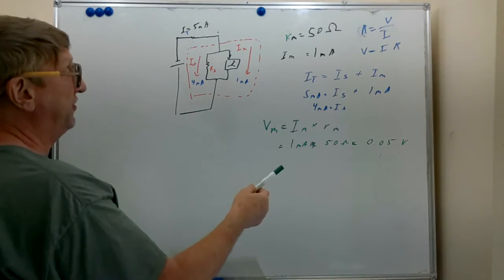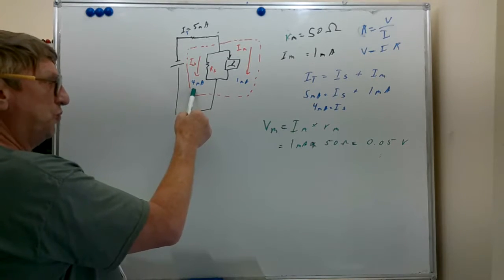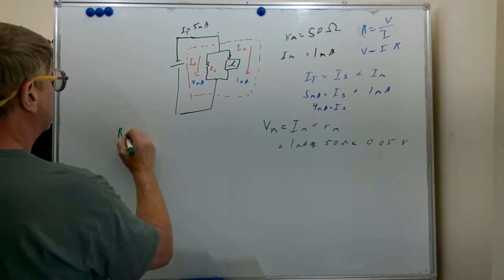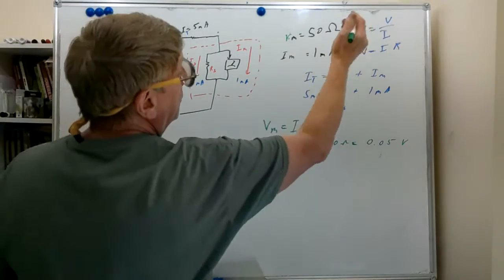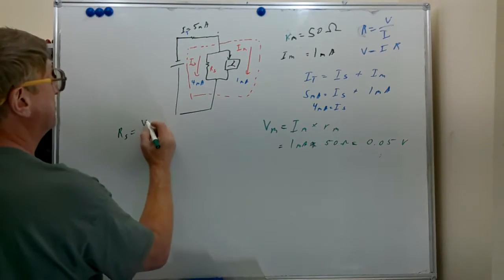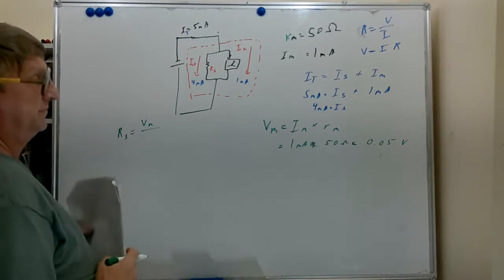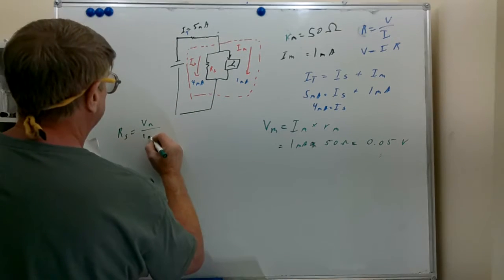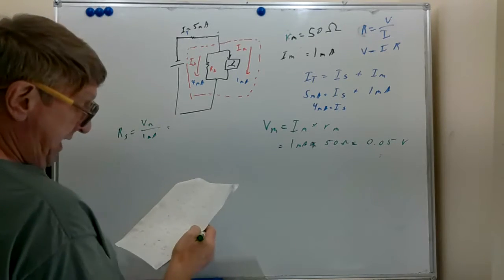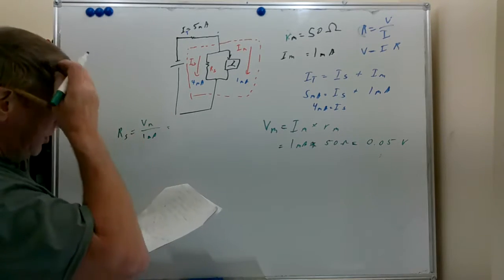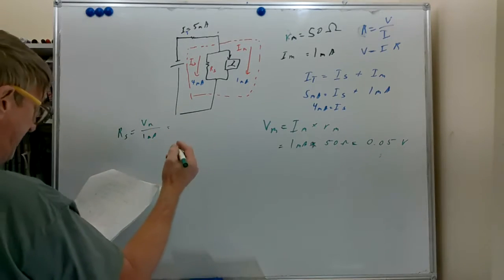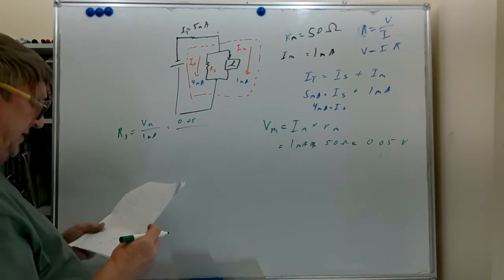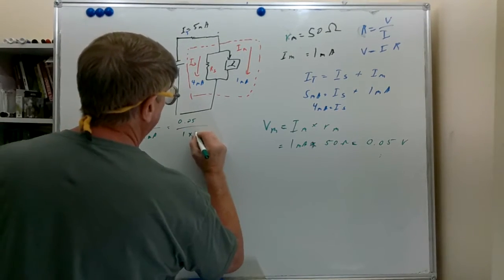We want to find a resistor that will allow 4 milliamps when we have this voltage. So RS will be equal to VM, the voltage of the meter, divided by the current. We put our 0.05, and we're going to divide that by 1 times 10 to the minus third.